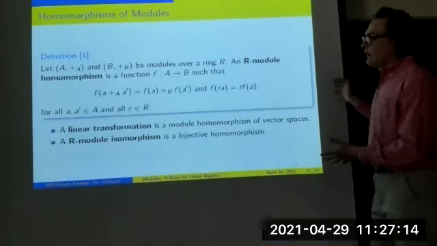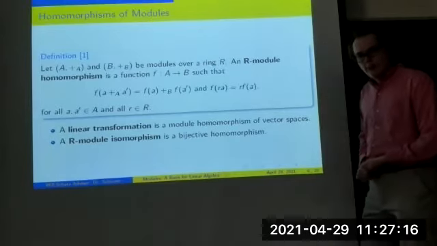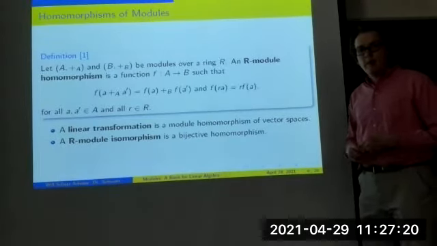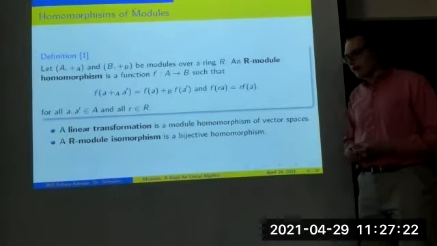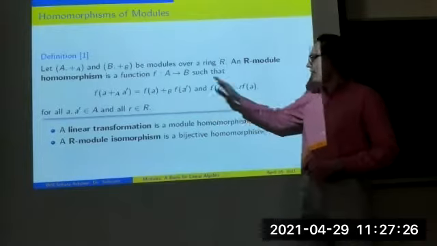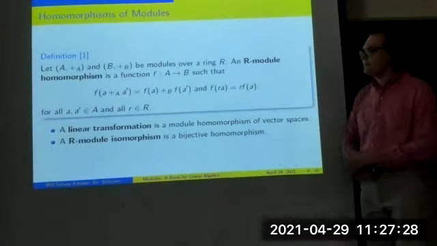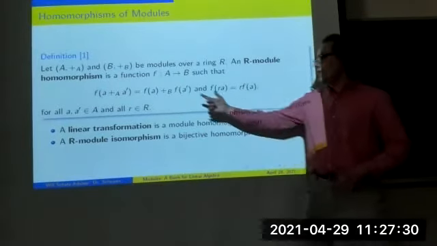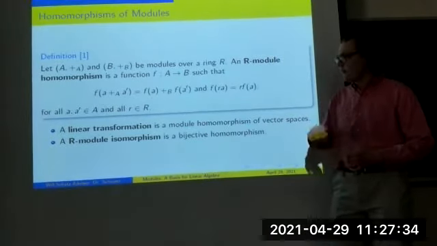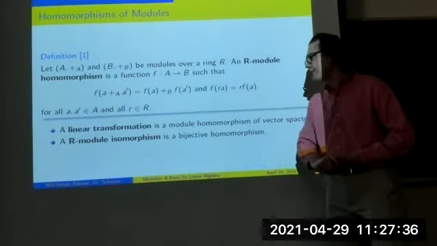This is abstract algebra. We are, of course, going to need a concept of a homomorphism. And the way we can do that is much like how we do homomorphisms for rings. We simply require that the function be operation preserving for both addition and scalar multiplication. Notice that this is telling us that any module homomorphism is a homomorphism of just the abelian groups as well.